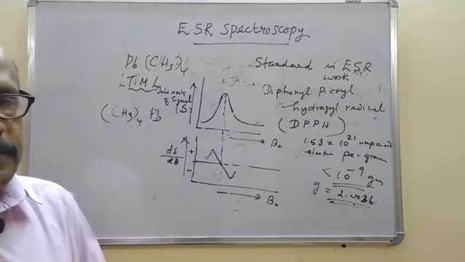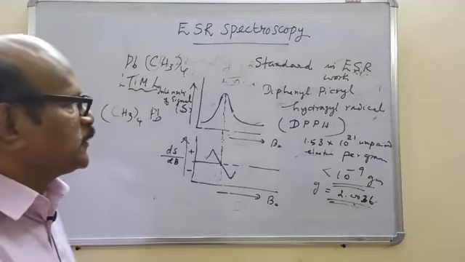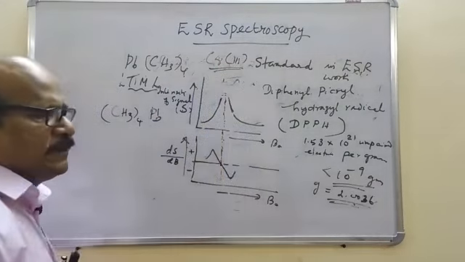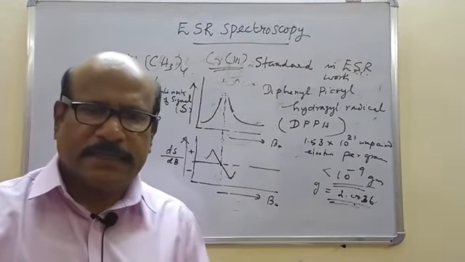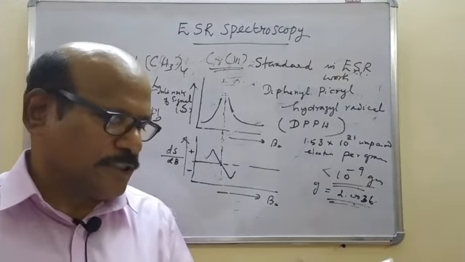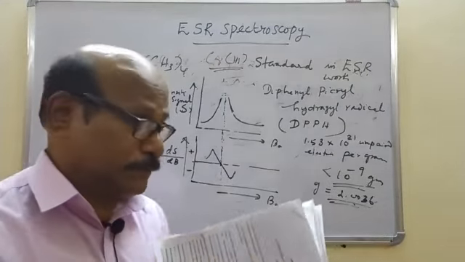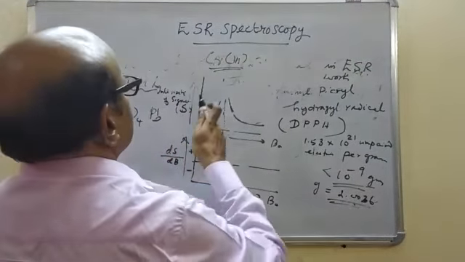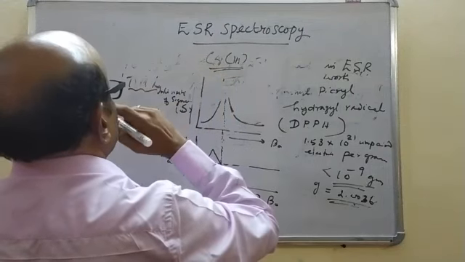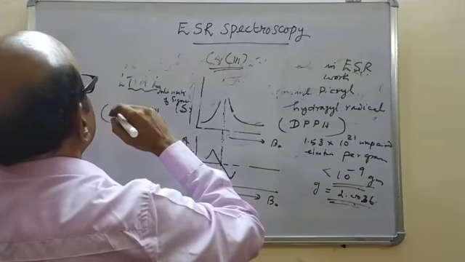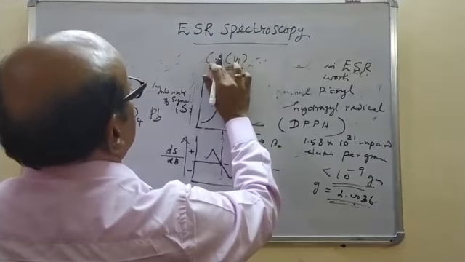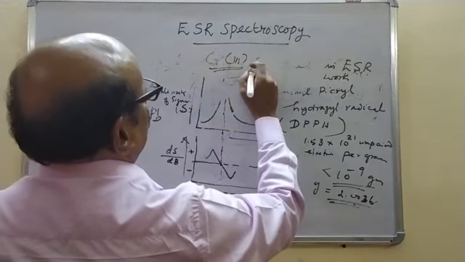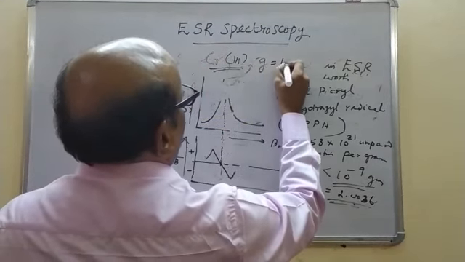Because this species has a very strong absorption signal, different from that of any other free radicals, it has an absorption peak with a G value of 1.4.